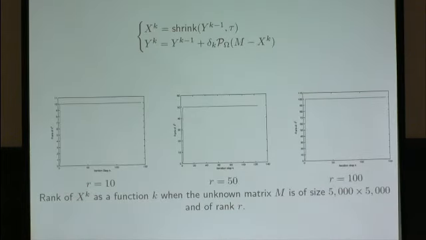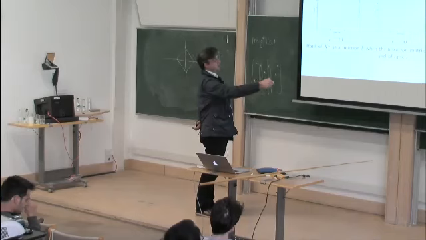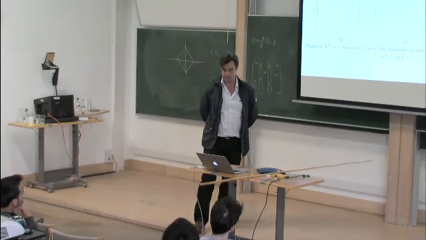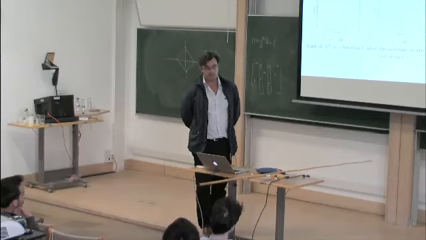But what I think is interesting, and the reason this algorithm is so rapid, is that if you look at the rank of the iterates as the iterations go on, you see that the rank starts at 0 and then it increases. So if the true rank is 10, it increases very rapidly to 10 and then it stays there. If the rank is 50, you increase rapidly to 50 and then you stay there. If the rank is 100, it increases rapidly and you stay there. And now why is this good?